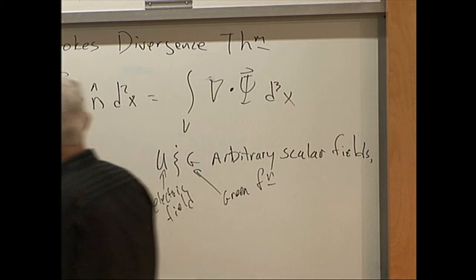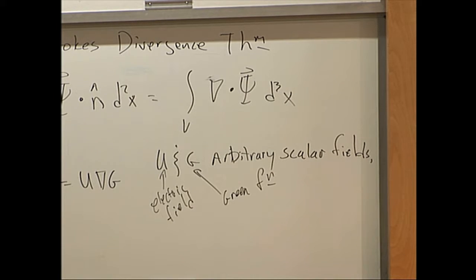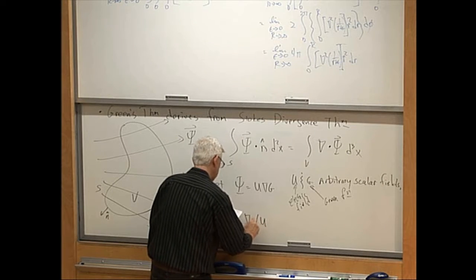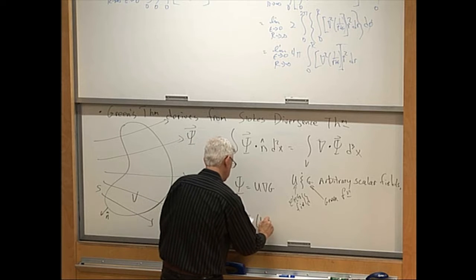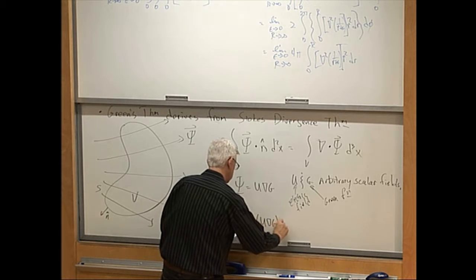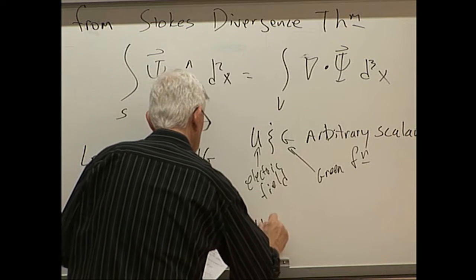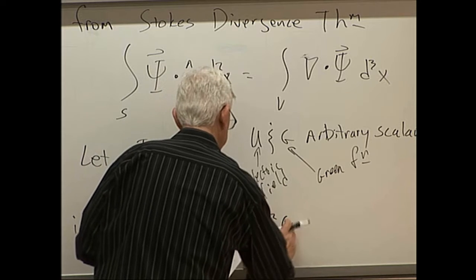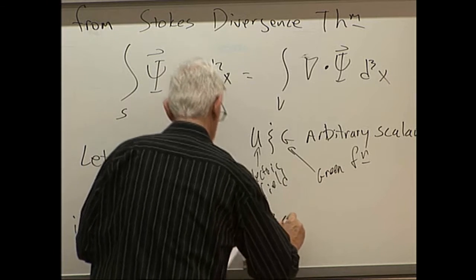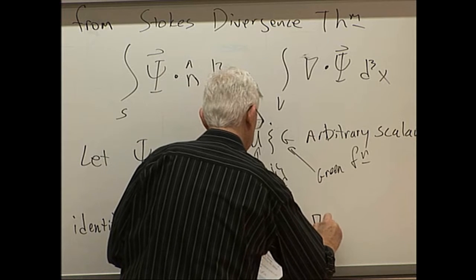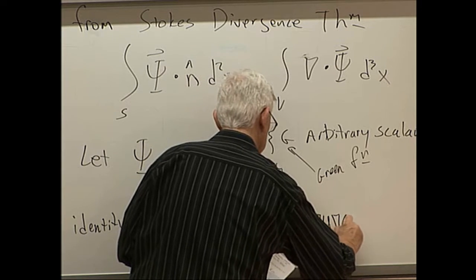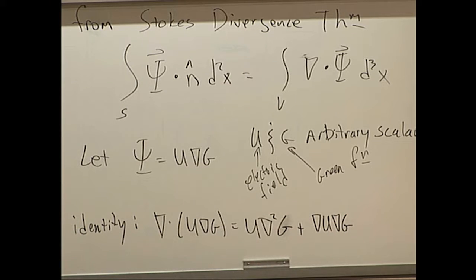And we're going to also have to remember a vector identity: the divergence of u del g is equal to u Laplacian of g plus del u dot del g. Okay.